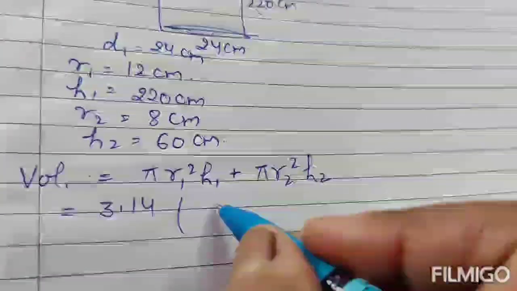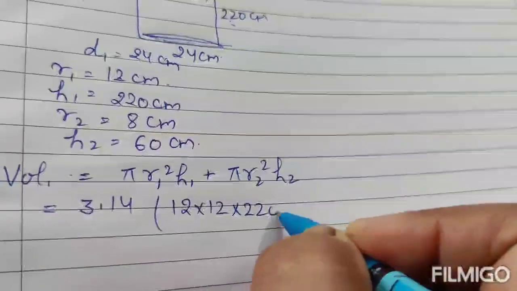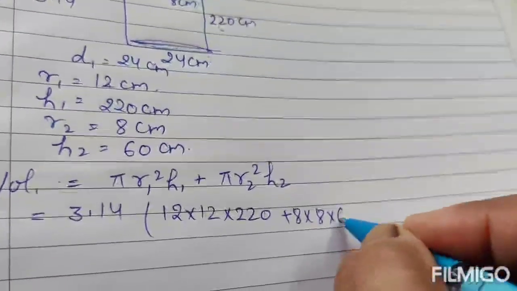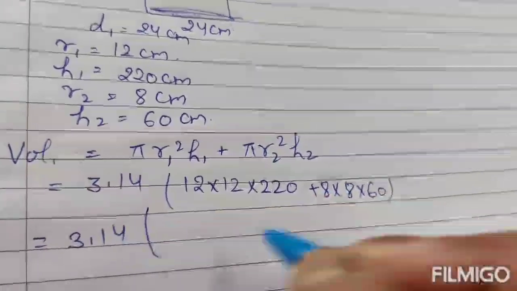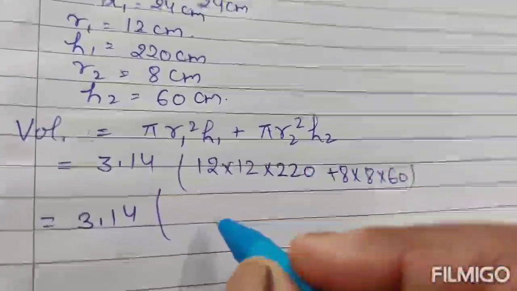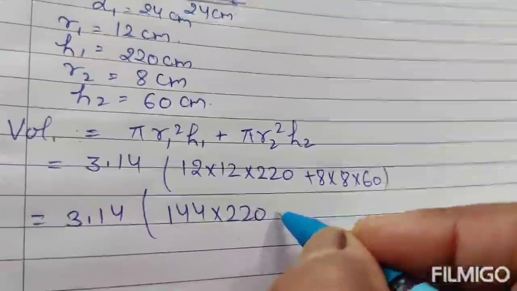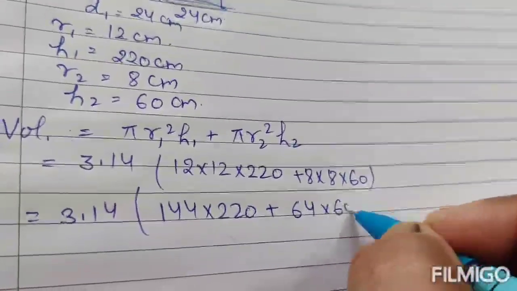R1 square is 12 into 12 into 220 plus 8 into 8 into 60. Solve. 3.14, again solve this. 12 into 12, 144 into 220 plus 64 into 60.